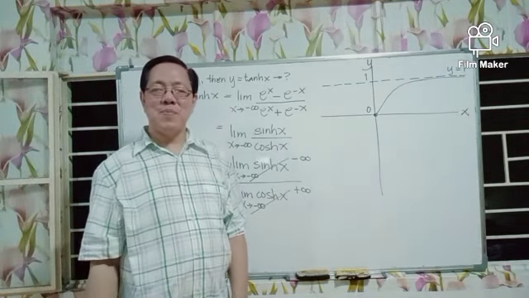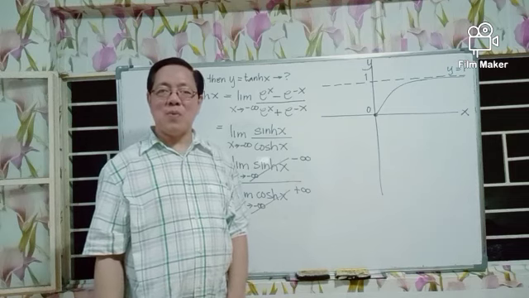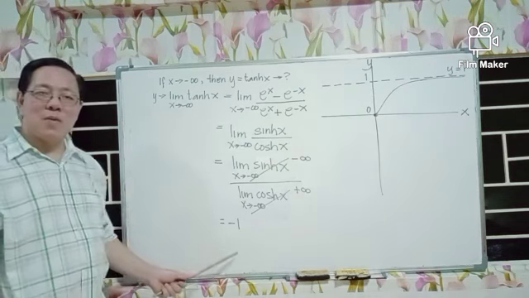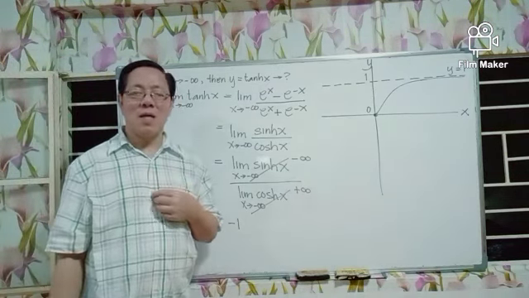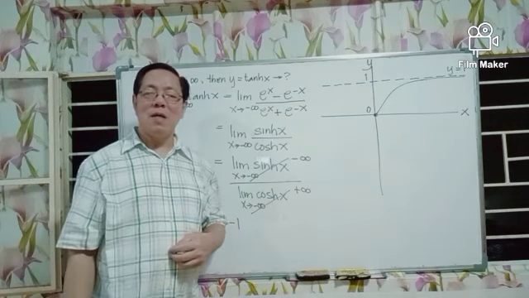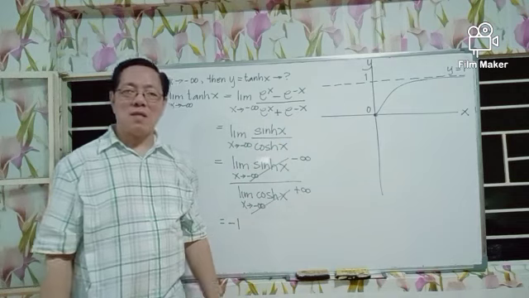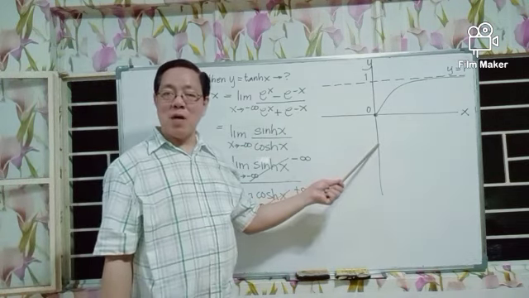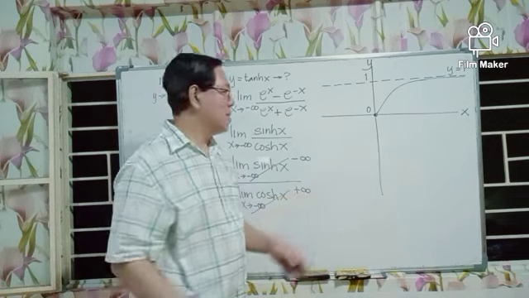And the graph of the hyperbolic tangent of x will approach the line y equals negative 1. And this line y equals negative 1 again is a horizontal line parallel with the x-axis, perpendicular with the y-axis, and will pass through a point on the y-axis at y equals negative 1.